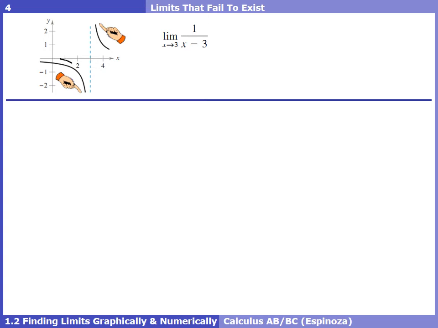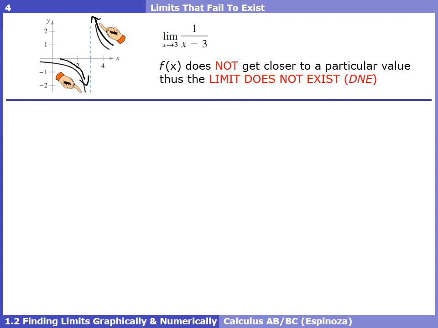And as you move your finger closer and closer to 3, you'll notice that our fingers are definitely not coming together, and in a sense, they're just totally going in opposite directions. So we can make the observation here that the function does not get closer to a particular value. Thus, we can say the limit does not exist. Or if you want to keep it short, we can just say that all of this limit notation here is equal to D and E.